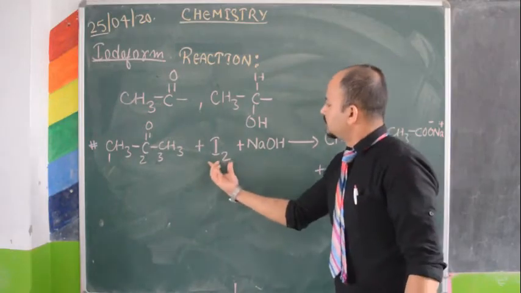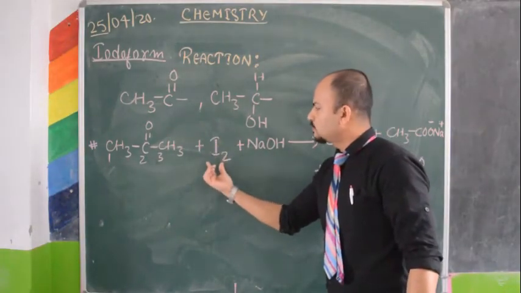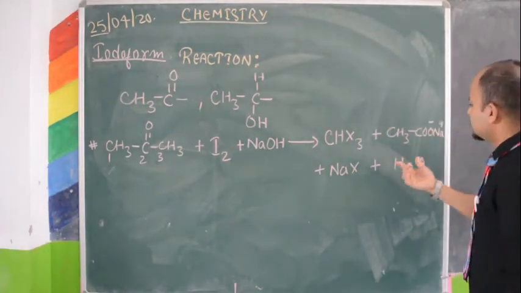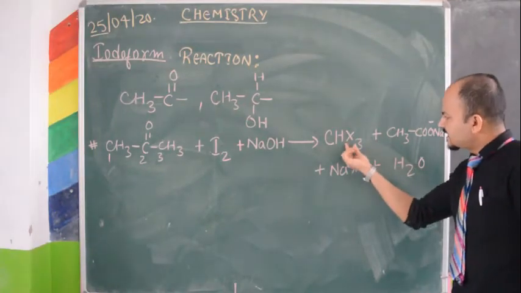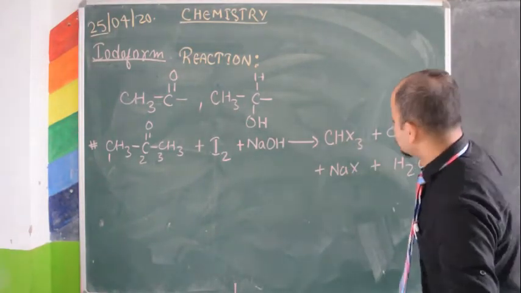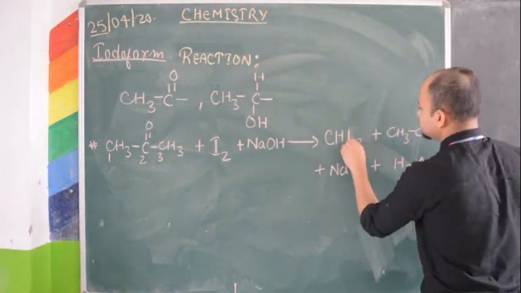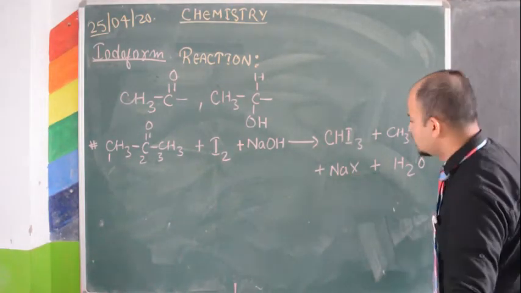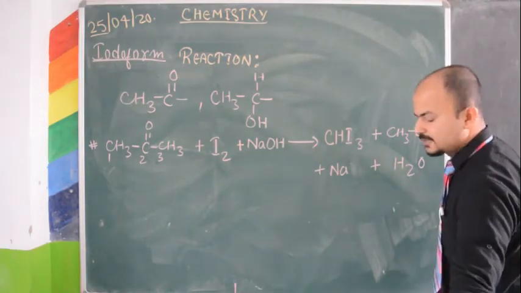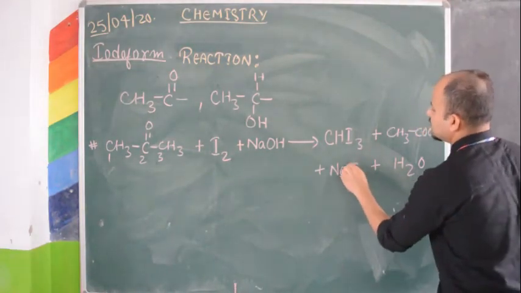So, if X2 is substituted with I2, then the products obtained here will differ in this X only. So let me rub this part. Here you will be having I2, and here also you will be having Na.